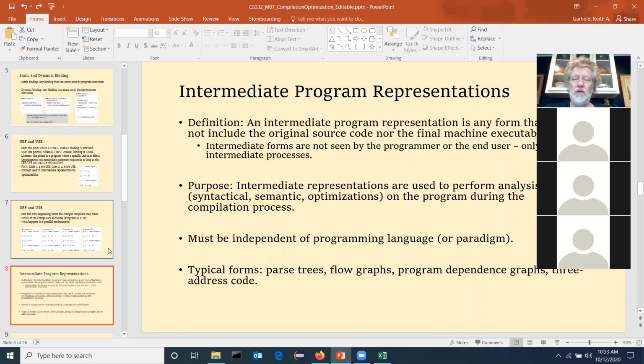The goal of an intermediate representation is not to be language specific. If you look at a program that is given to you in intermediate form, you should not be able to identify the programming language that it came from. You may not even be able to identify the paradigm that it came from. So there are universal representations of programming processes. And they're used to perform the analysis, sometimes syntactical and parse trees, and sometimes semantic, and sometimes optimizations. And the program dependence graph form is more about the optimization.